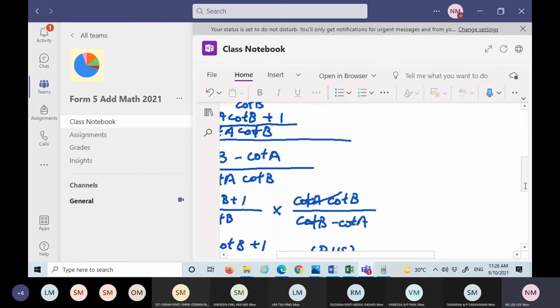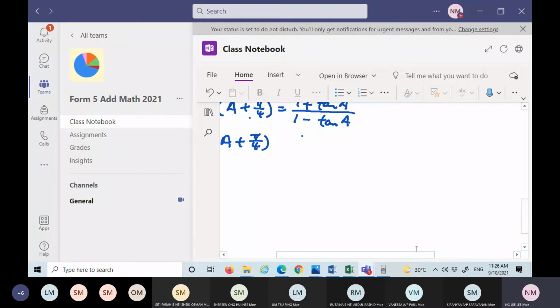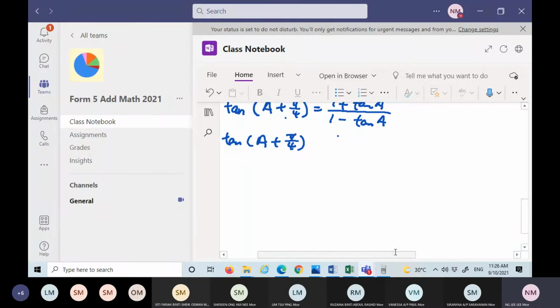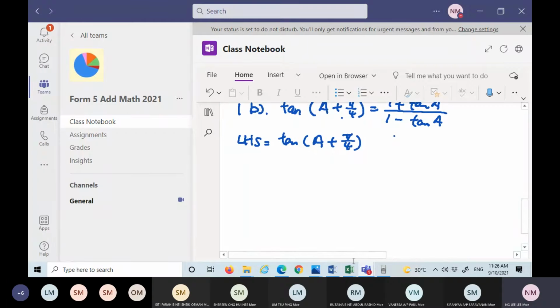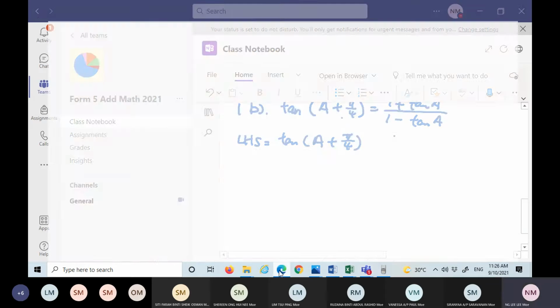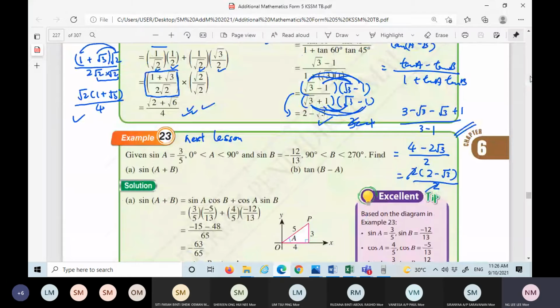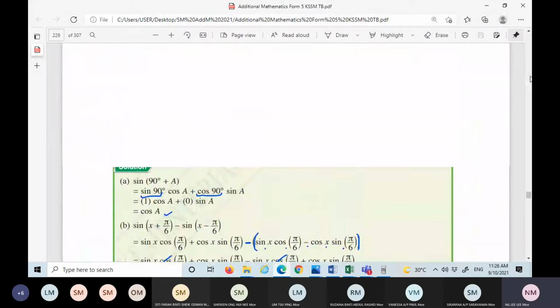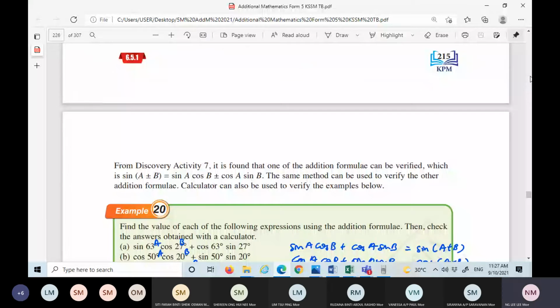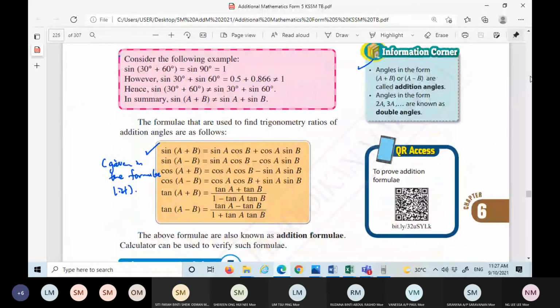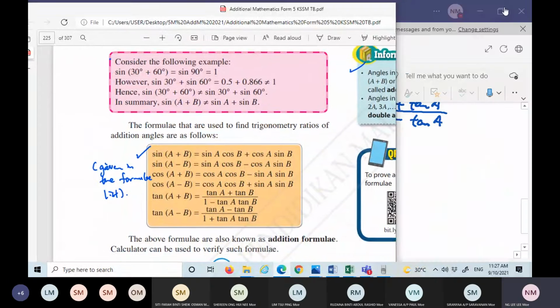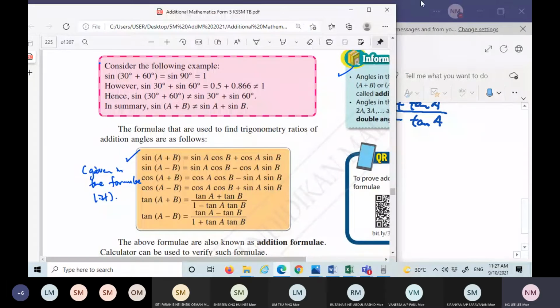So you see the textbook, minus or plus? Your textbook has this formula.